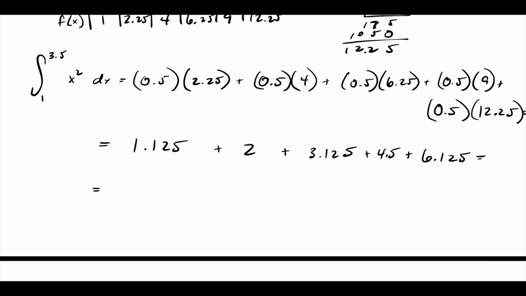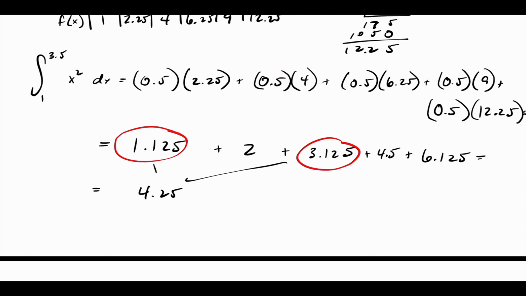So when I add up, let's see. Let me see if I add up this number and this number, I get 4.25. And then if I add up this number and this number, I get 6.5, and then 6.125.